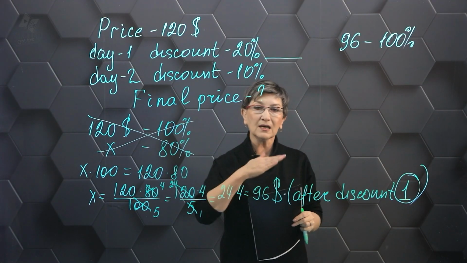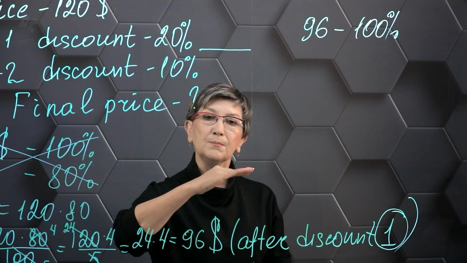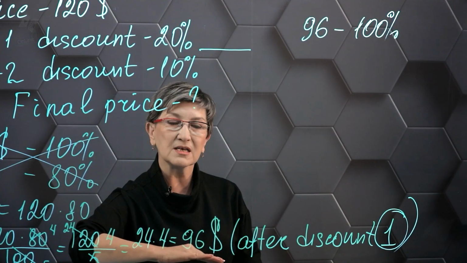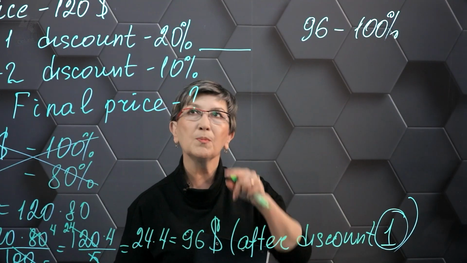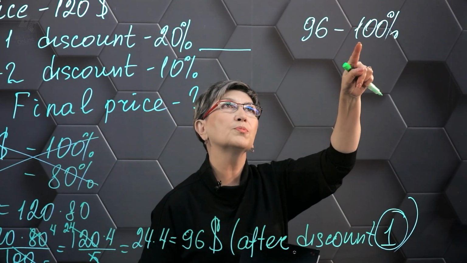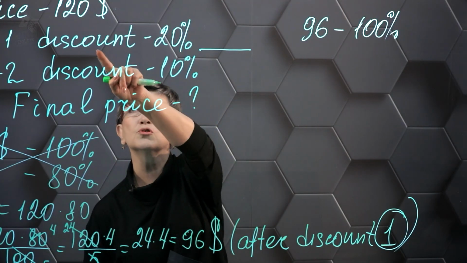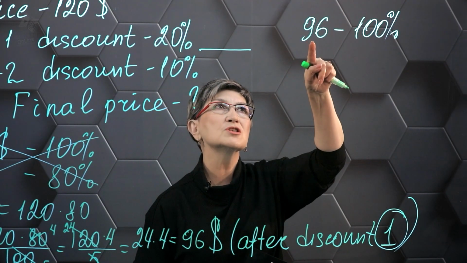Once again, what we did, since there was a phase discount, that is, the first discount was, we found the price of the product after the first discount, and then the second discount. In order to calculate 10%, we have to take the new price for 100%. After the first discount, I write that $96.